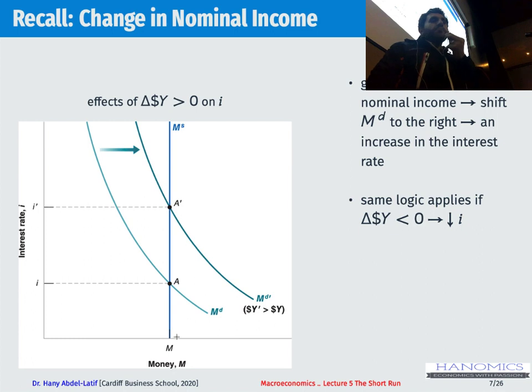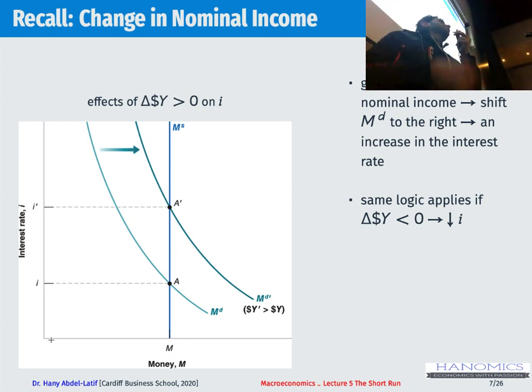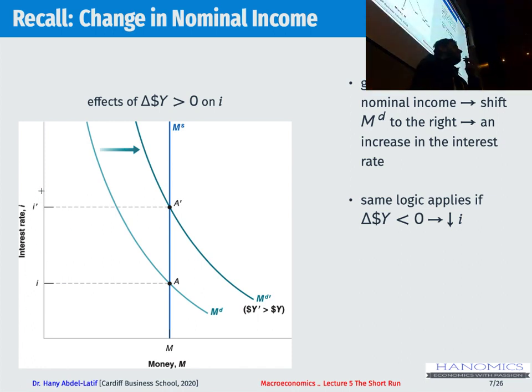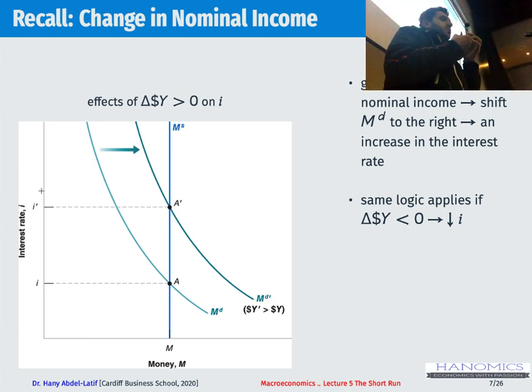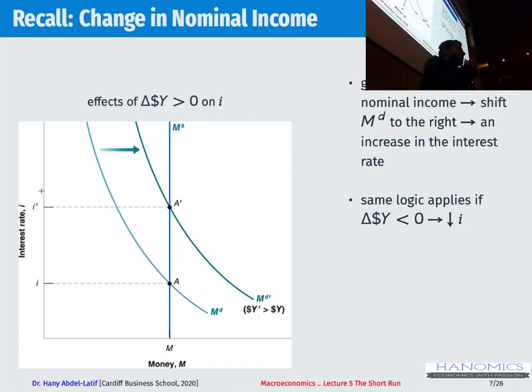So we still have the same level of M, which is again determined by monetary authorities or the central bank, but now the interest rate has increased from I to I prime. So keep that in mind, because that's what we need to derive the LM curve. Okay? How changes in income would affect equilibrium in the money market.